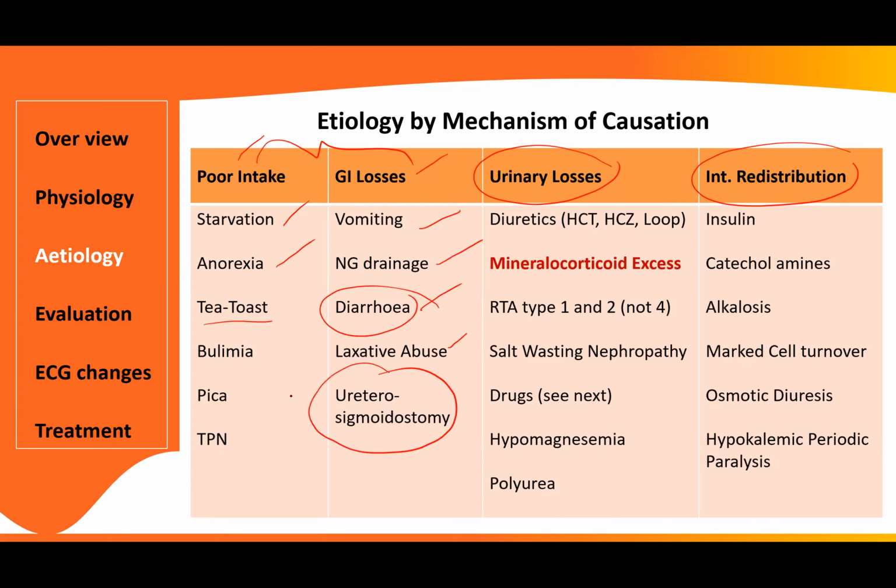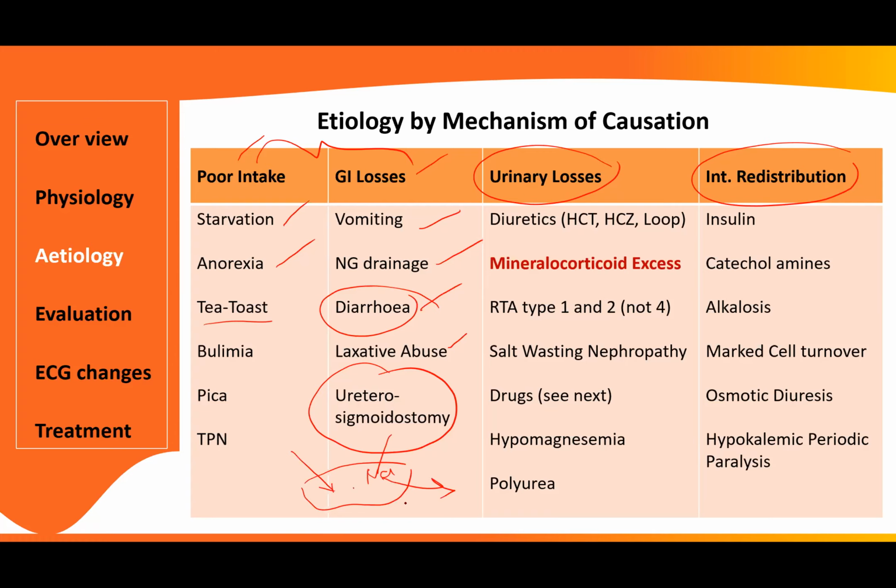Ureterosigmoidostomy. Suppose there is a bladder cancer. What will happen? Bladder obstruction will be there. To overcome that, the ureters are implanted into an isolated segment of the colon. These ureters bring in urine with sodium, and this fluid is rich in sodium.